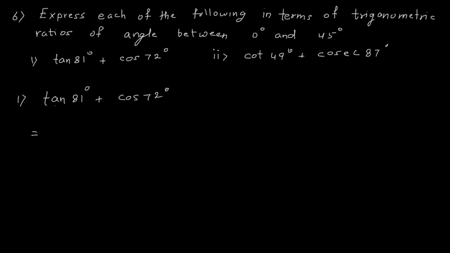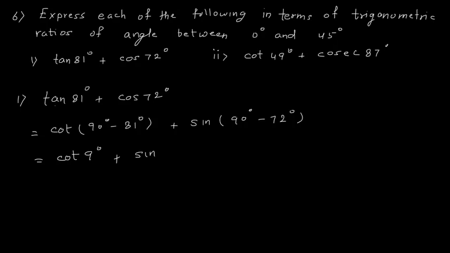So this tan I will convert in cot, so this will become cot of 90 degree minus 81 degree plus this cos will become sine of 90 degree minus 72 degree. So 90 minus 81 is cot 9 degree plus sine of 90 minus 72, which is sine 18 degree. So these 9 degree and 18 degree are angles less than 45 degree.